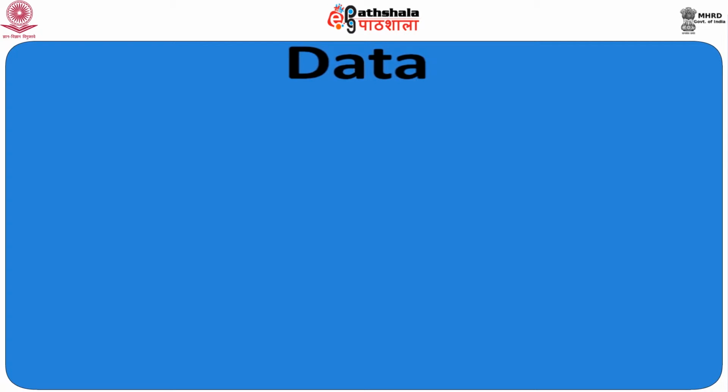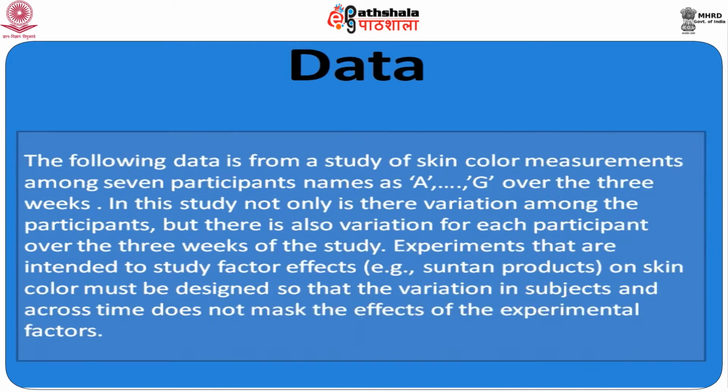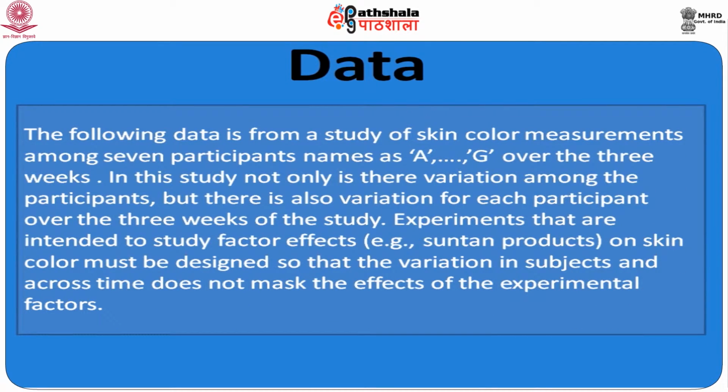To understand the context of the random effects additive model, we really need to understand the data very clearly, so I will spend a little time on that. The data is from a study of skin color measurements among 7 participants, A, B, C, D, E, F, G, over 3 weeks.